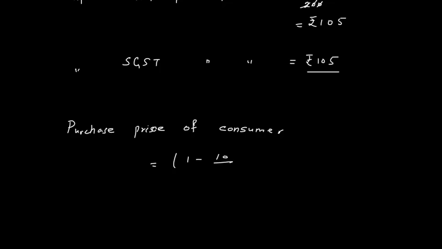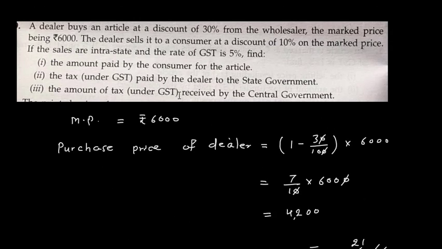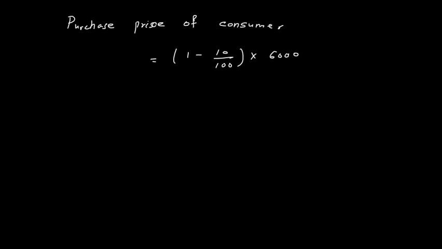So (1 minus 10 upon 100) multiplied by 6000. 10% discount, so these 0s will cancel. 10 minus 1 is 9, 9 divided by 10 multiplied by 6000. So this 0 will cancel and 6 nines are 54. So 5400 is the purchase price of the consumer.